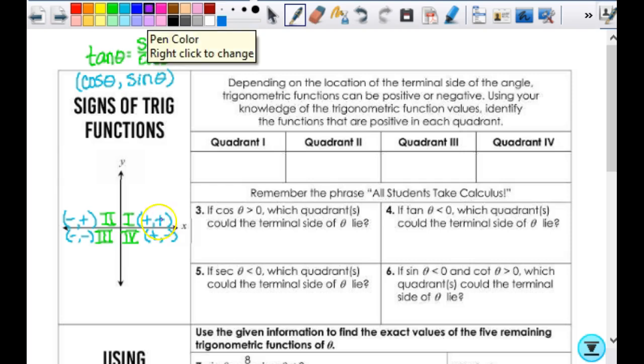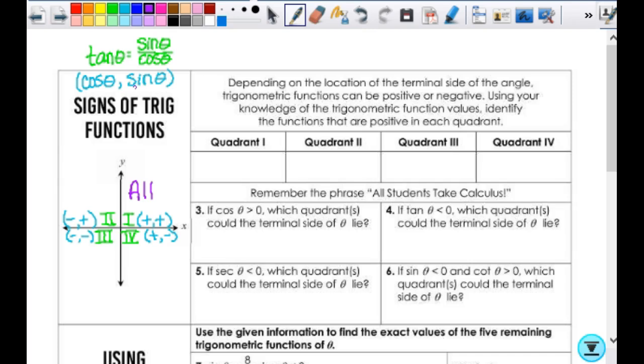In quadrant 1, my ordered pair is positive, positive. That means cosine is positive and sine is positive, right? Then when I go to find tangent, since tangent is sine over cosine, that's positive over positive, so everything is positive. So all of the trig functions are positive in quadrant 1. In quadrant 2, since your x value is negative and your y value is positive, that means cosine is negative and sine is positive.